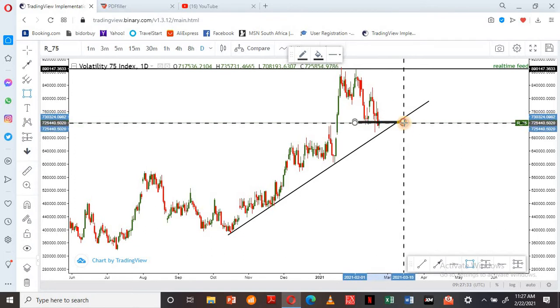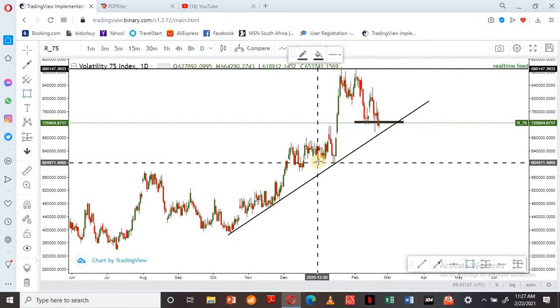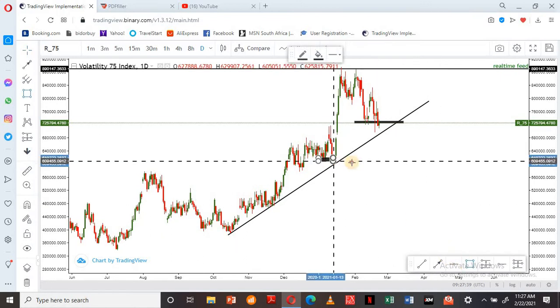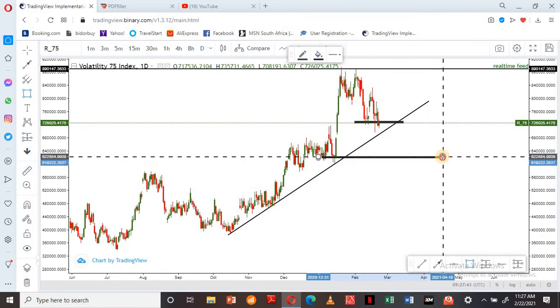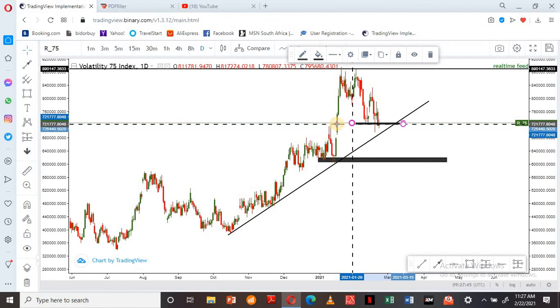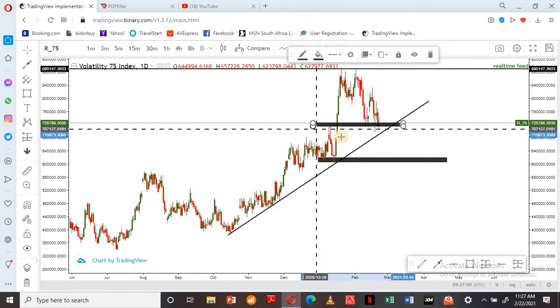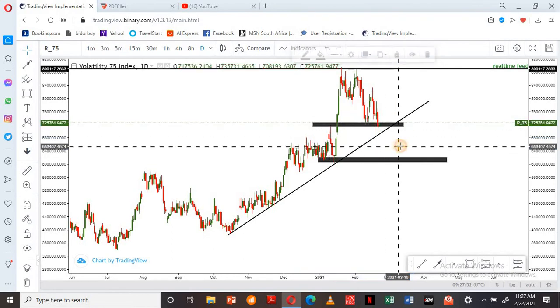And our level of support again is here. Actually, this level of support must accommodate everything, including this level of resistance here.